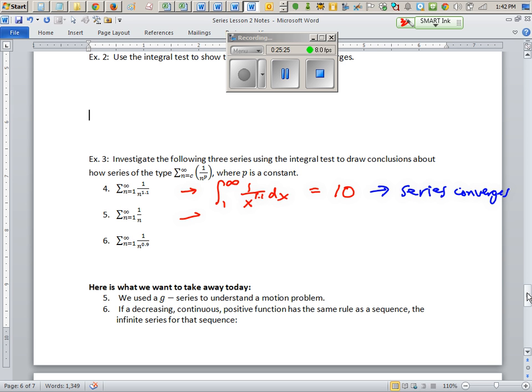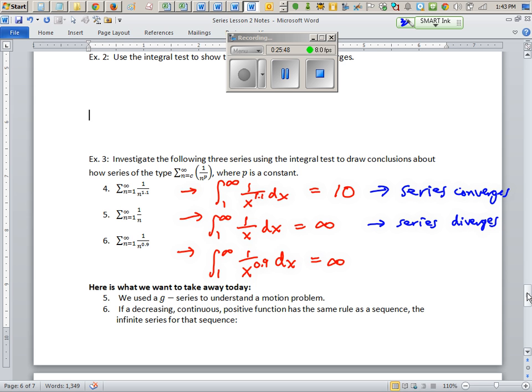The next one is tested by doing the integral of 1 over x dx, which really comes out to infinity. You can show your work later. So I would conclude that the series diverges. In your last case, you would run this integral. You can do it on your calculator or play around with it by hand.